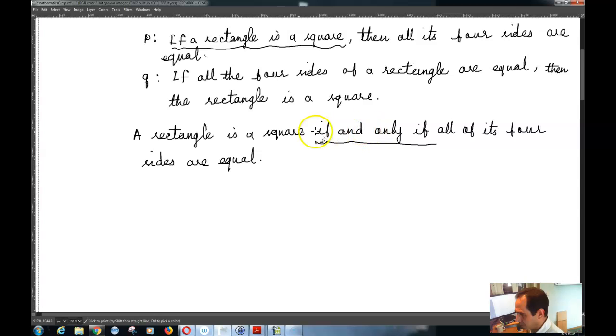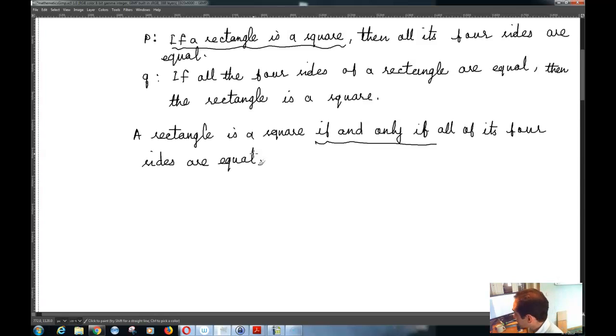So what that means is that now a rectangle is going to be a square if all of its 4 sides are equal, and also if all of the four sides of a rectangle are equal, then the rectangle is going to be a square. Both ways, it works both ways.